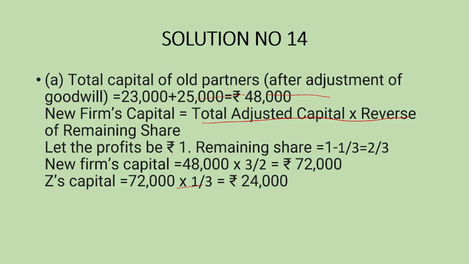So, if the profit is rupees 1, then the remaining share is equal to 1 minus 1 third equals 2 by 3. That is, the new firm's capital is 48,000 into 3 by 2, that is 72,000, and Z's capital will be 72,000 into 1 by 3, that is 24,000.